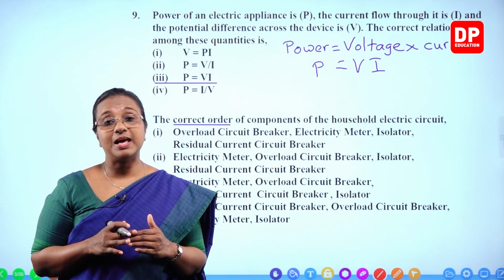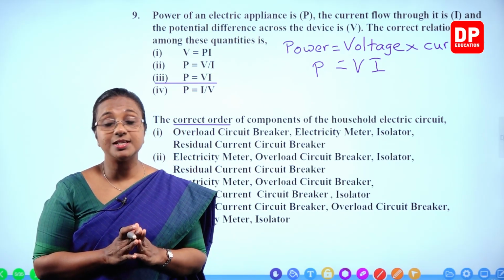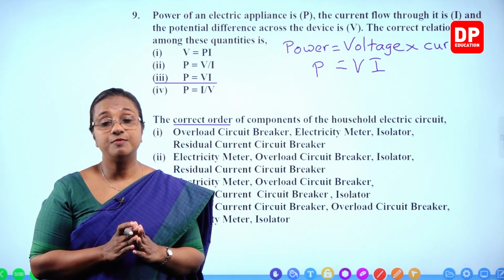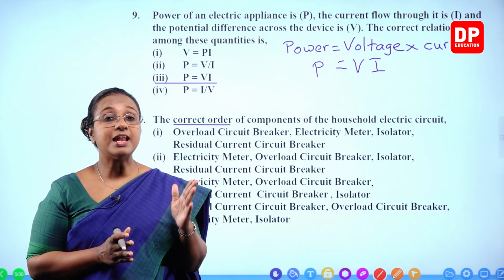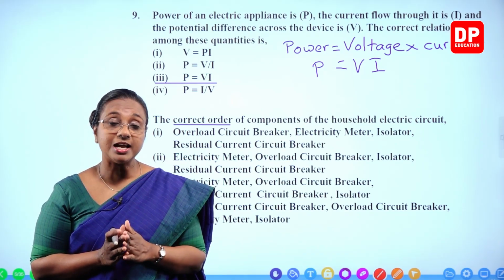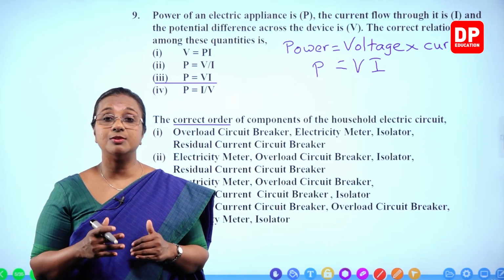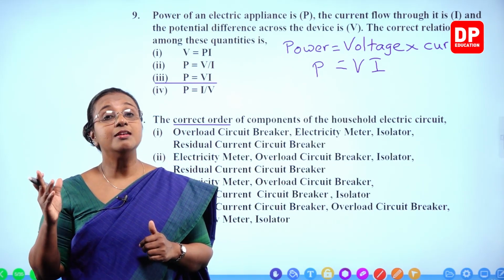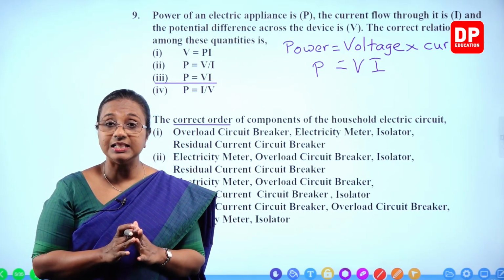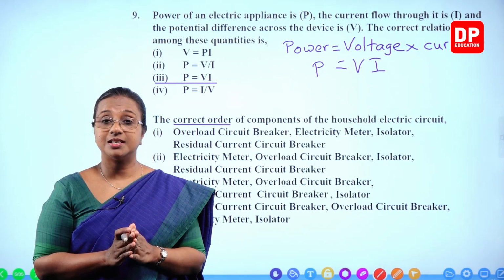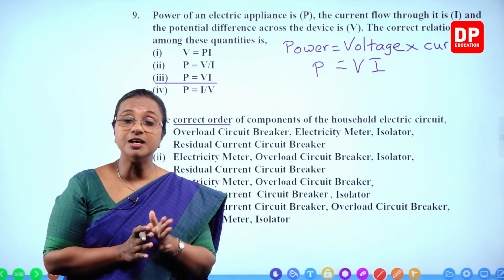From the supply cable, electricity is first supplied to the overload circuit breaker or the service fuse. Then from there, it is the electricity meter. After the electricity meter, we have the isolator. After the isolator, it is the RCCB, residual current circuit breaker or the trip switch, and thereafter the distribution box containing the MCBs, miniature circuit breakers. Then you have the different components. So that is the order.